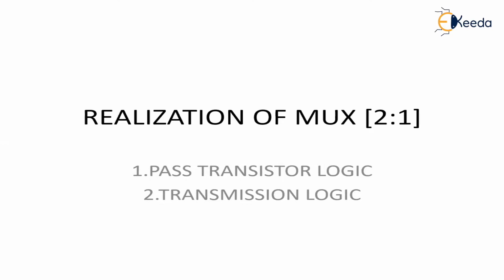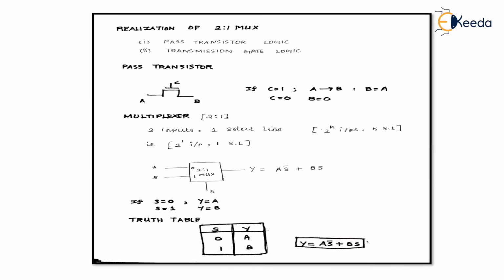So here we are going to realize 2:1 multiplexer using pass transistor logic and transmission gate logic. Now, what is a pass transistor? The transistor is going to pass something. When will it pass? Only when my control signal is equal to 1, because my pass transistor is an NMOS transistor.